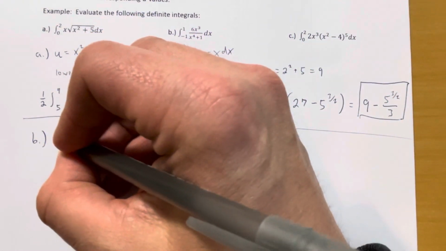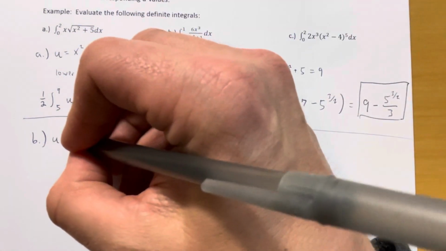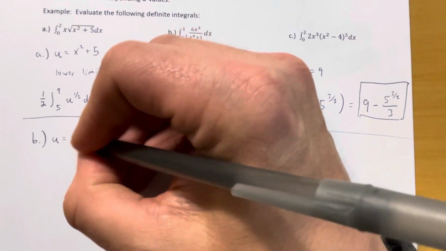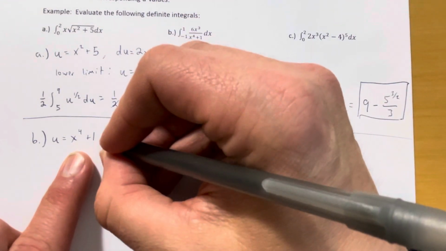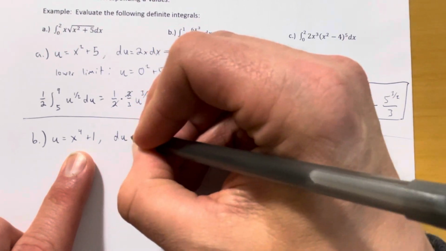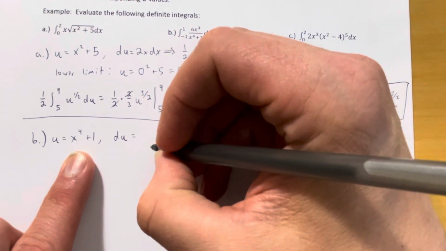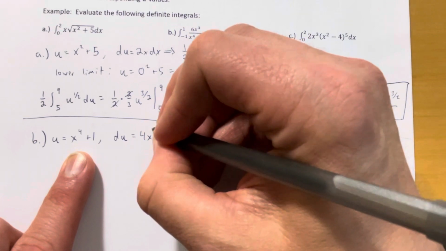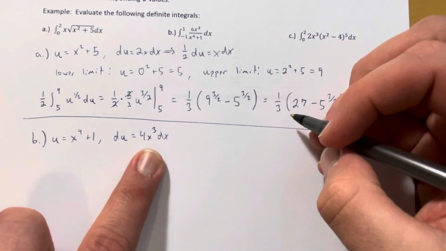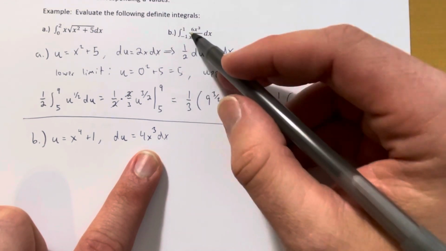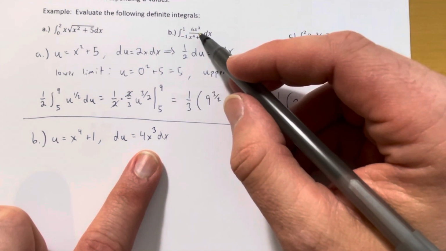Let's try it. If U is equal to x to the 4th plus 1, then what is du? du is equal to 4x cubed dx. Now, if you notice, we almost have that. I don't have a 4x cubed, I have a 6x cubed.